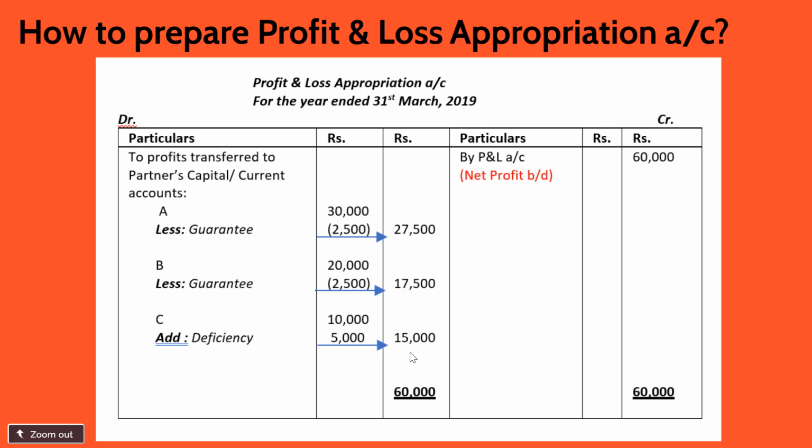So the net result for A, B and C will be 27,500 rupees for A, 17,500 rupees for B, and C gets his guaranteed share of profit, which is rupees 15,000. So this is the way the ledger account, which is the profit and loss appropriation account, has to be prepared when the firm earns a profit and any one partner is guaranteed minimum profits.